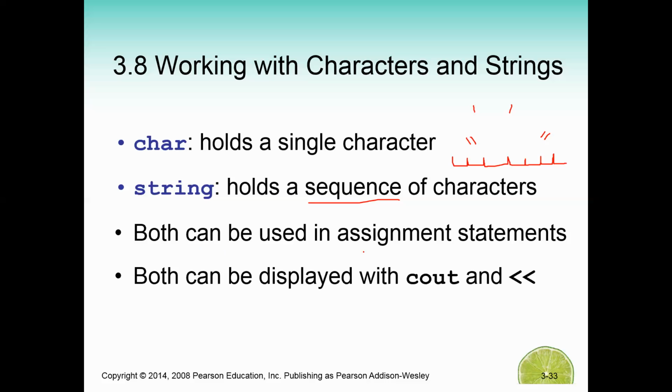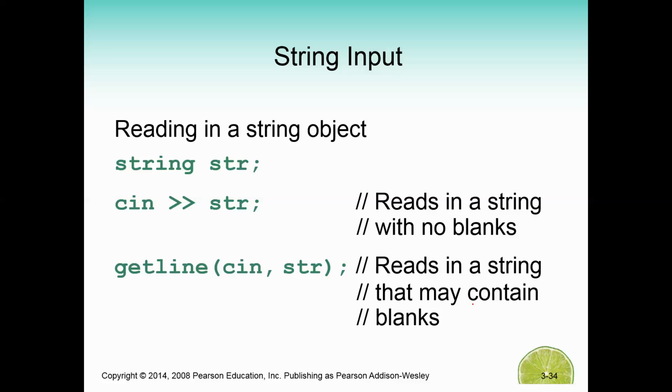Both can be used in assignment statements. We can use this operator so that we can move into a variable either a character or a sequence of characters. Both can be displayed with the cout, right? But what happens when we are reading?